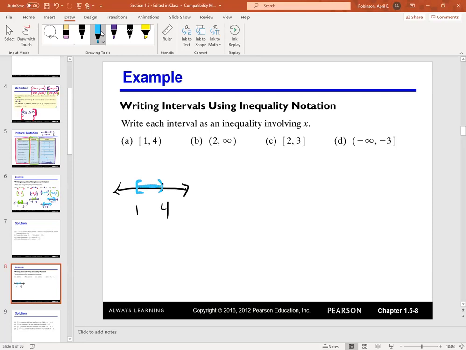So I see this as what I call an in-betweeny. So x is in between the 1 and the 4, but because there is a bracket on the 1, I need a less than or equal to sign. There's only a parenthesis on the 4, so I just need the less than sign. So this is the answer to part A.